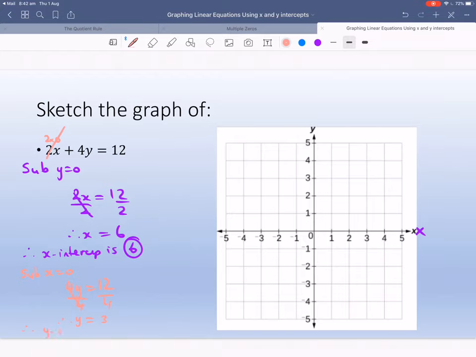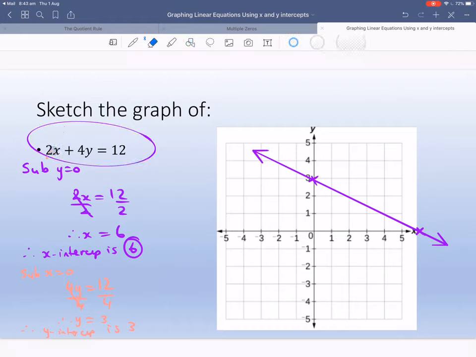Therefore the y-intercept is 3, so that'll be here. Now we grab our ruler and connect those 2 points. And that's the line 2x + 4y = 12. That's what that line is. All right, hopefully that helps. Peace out.